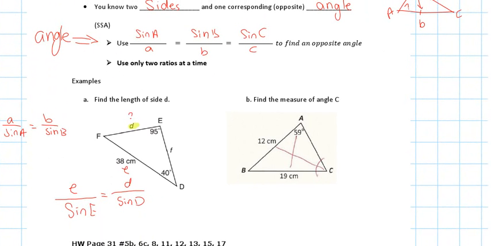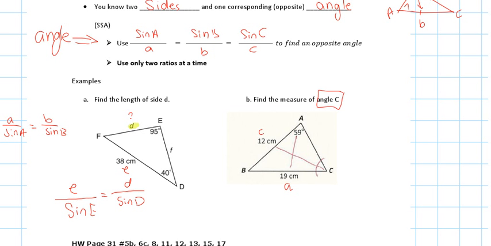So in this case, I have an oblique triangle, ABC. I know angle A and side A, right? This is side A right here. And I don't know angle C, but I know side C, and the question is asking me to solve for angle C. Okay? You see that in this scenario, I have an angle and its opposite side. You guys agree with that, right?